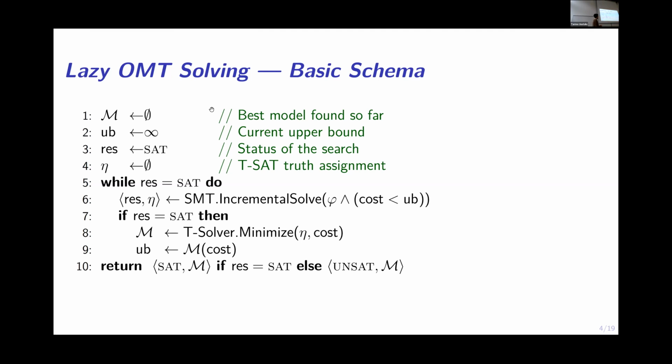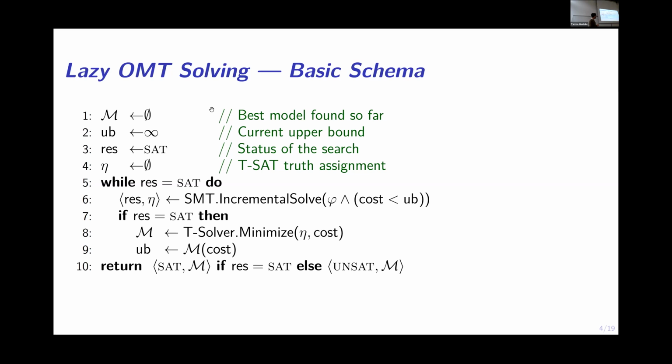If it is, then we get a theory-satisfiable truth assignment containing a model of this formula. Within this truth assignment, we invoke a theory minimizer that returns a model which is optimal with respect to the cost in the truth assignment.